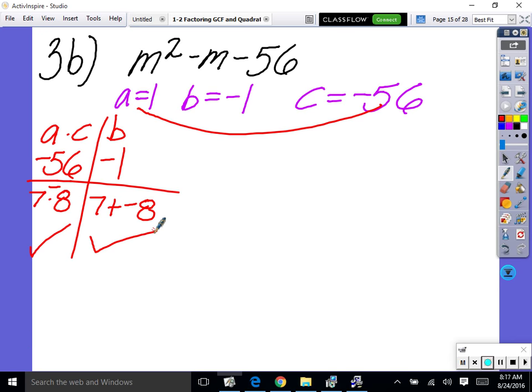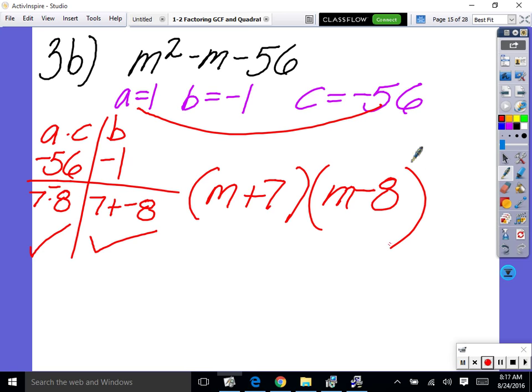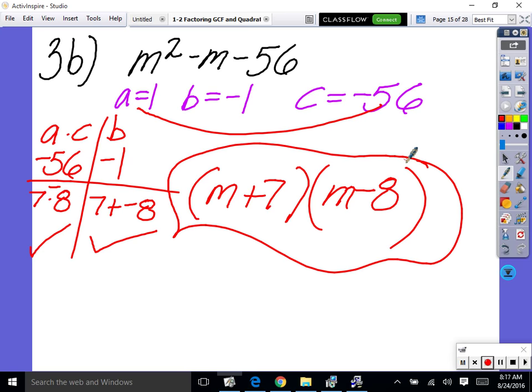Yes, right? Positive 1, it has to be positive 1. It is. So we know that if we were to drop and break, in the end, we're going to have this factor to be, we're dealing with n's, n, and this is positive 7, right? Plus 7 times, and that's a negative 8. So we can kind of skip on this one, n minus 8, and that is the factored form.